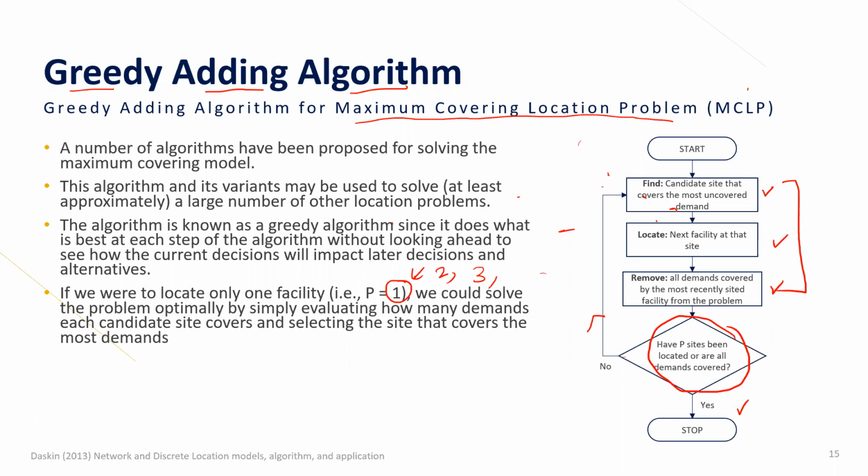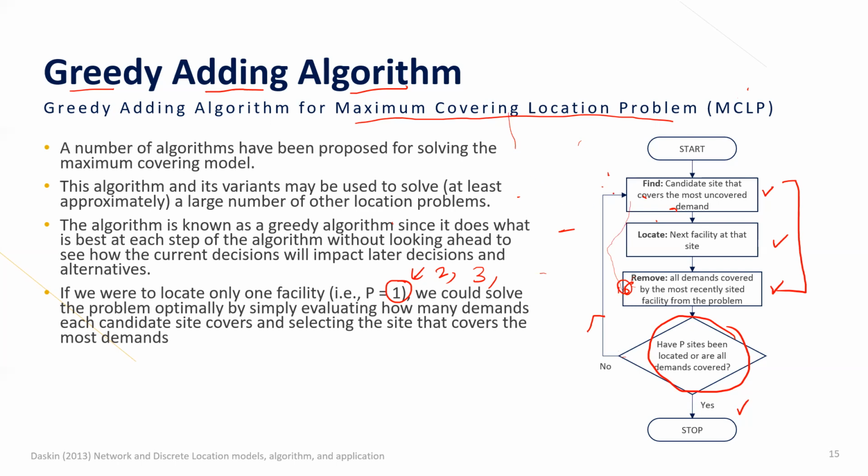Go through the same process. Out of those already covered, A, B, D, take them out. So you only have C, D, or E left. Which one will you select?